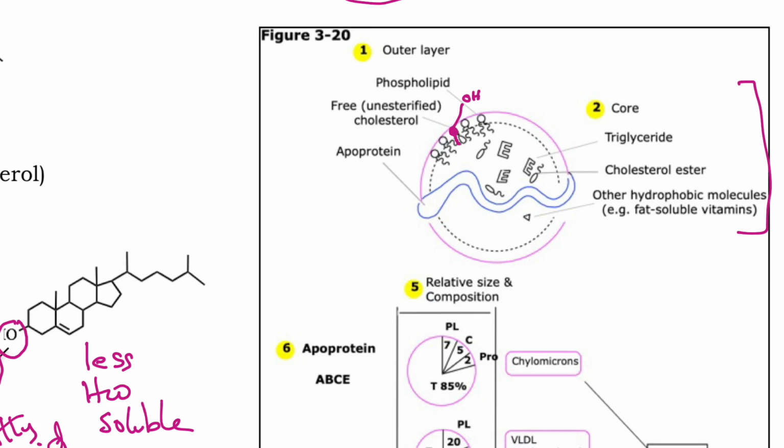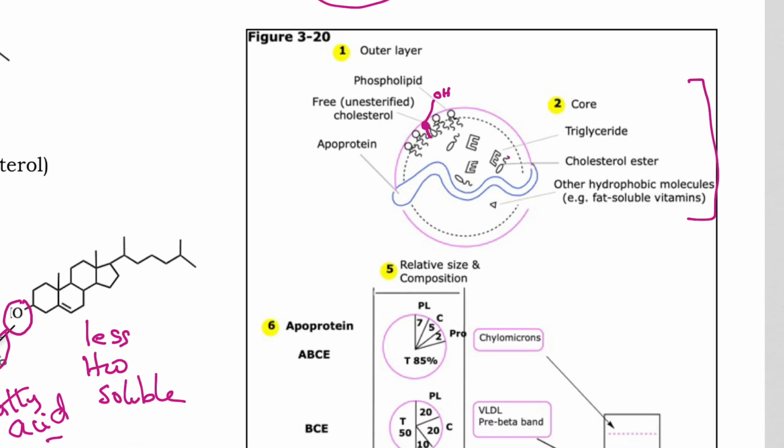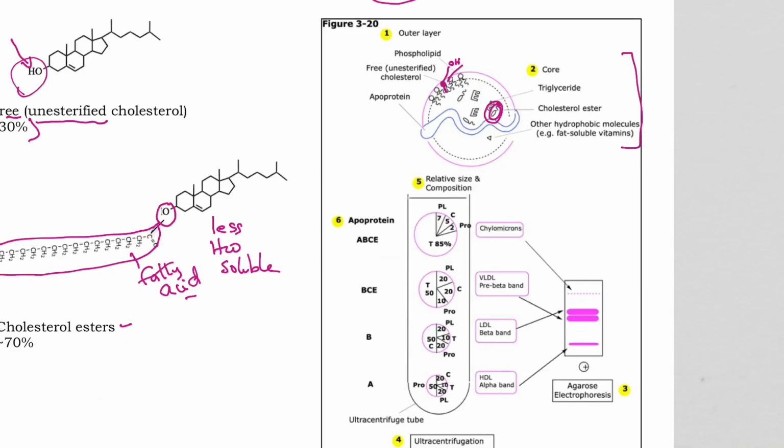But the cholesterol ester is found deeper inside the spherical lipoprotein particle. So free cholesterol tends to be found more on the surface, and cholesterol ester tends to be found more inside the lipoprotein particle.